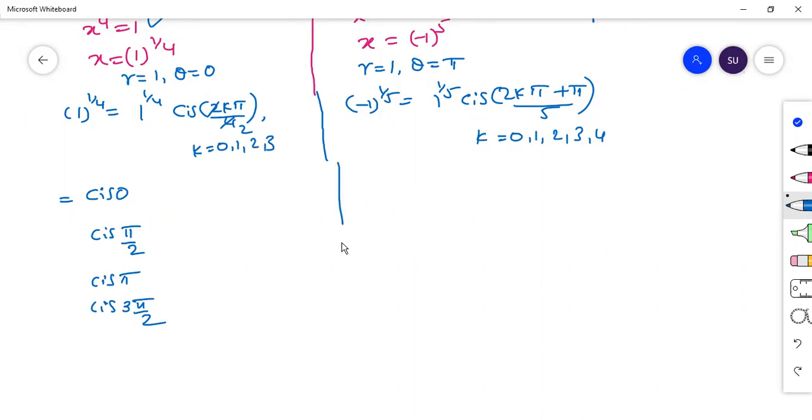Coming to here, k is equal to 0. If you substitute, what will you get? I can write it in simplified form as cis of (2k + 1)π/5.